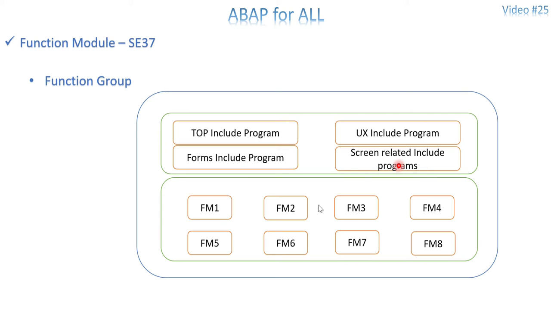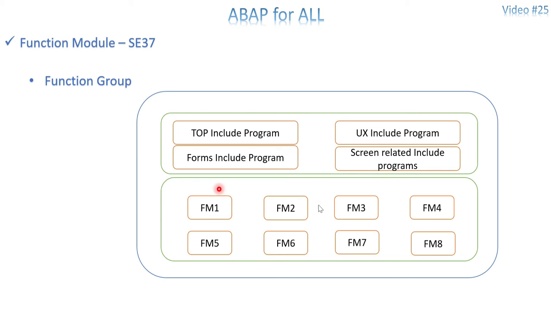Normally once you start developing screen programming, like SE51, the screen painter, you have a PBO module and a PAI module, so that related information is available in another set of include programs. The forms include and the screen-related include programs are optional. If your project has screens, then you can use them, and if any function module has a subroutine, you can use the forms include. Otherwise, there is no need to use those include programs.